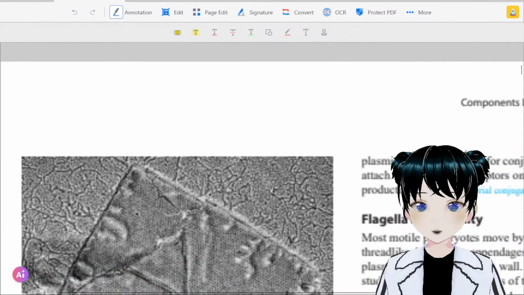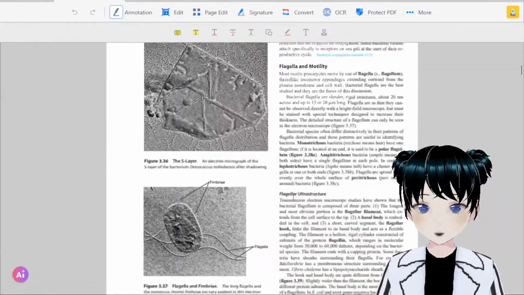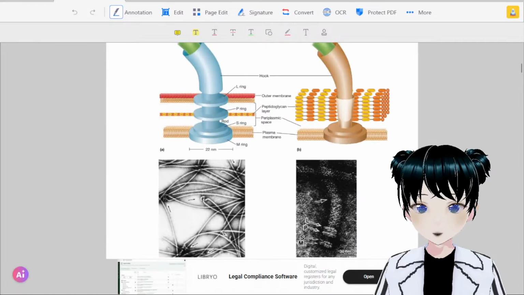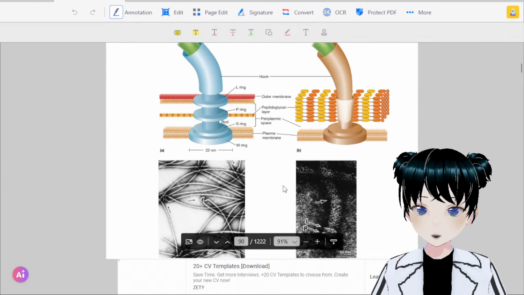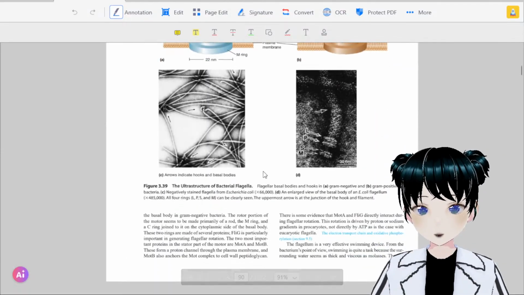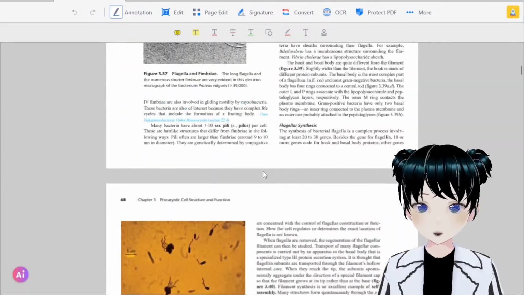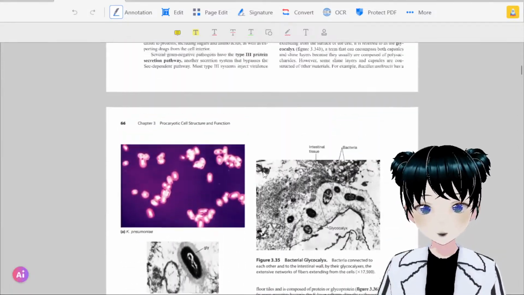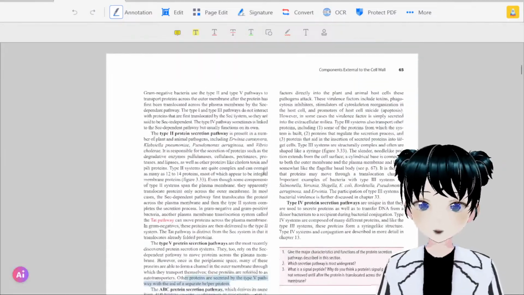What is this? Where did it go? Wait, I told you we can talk after this ends. There are only a few topics left. Where did it go? The chapter name is prokaryotic cell structure and function. Gosh, I don't know where it went.